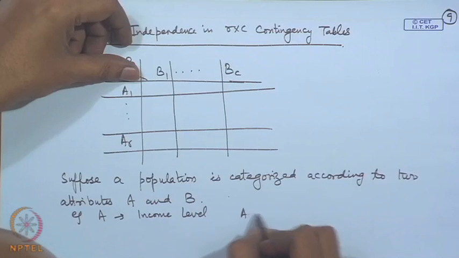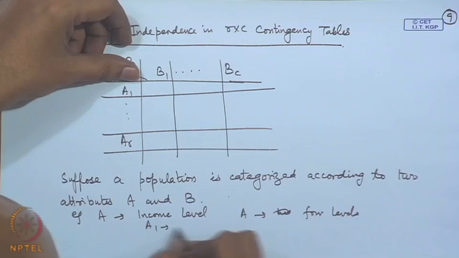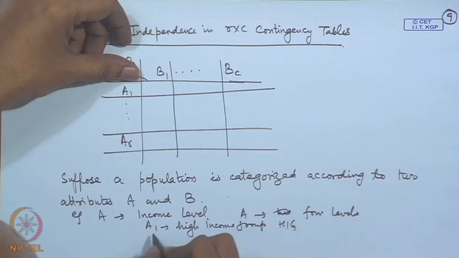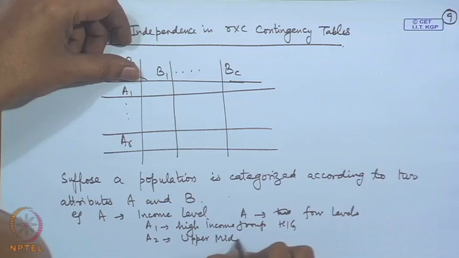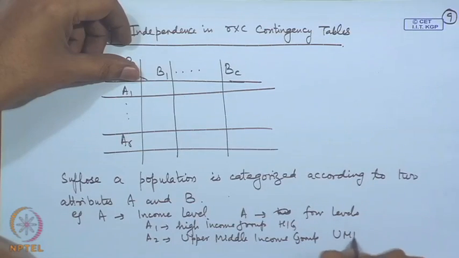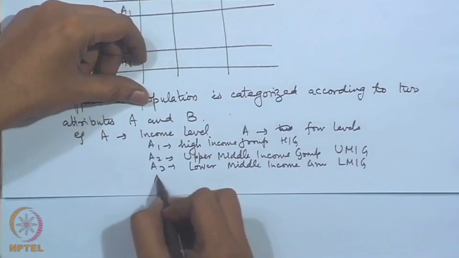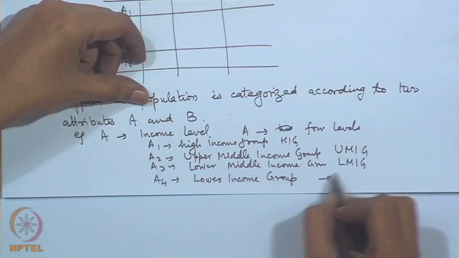So, we may say A has 4 levels: A1 is high income group, HIG, A2 is upper middle income group, that is UMIG, then A3 is lower middle income group, LMIG, and A4 is lower income group, that is LIG.